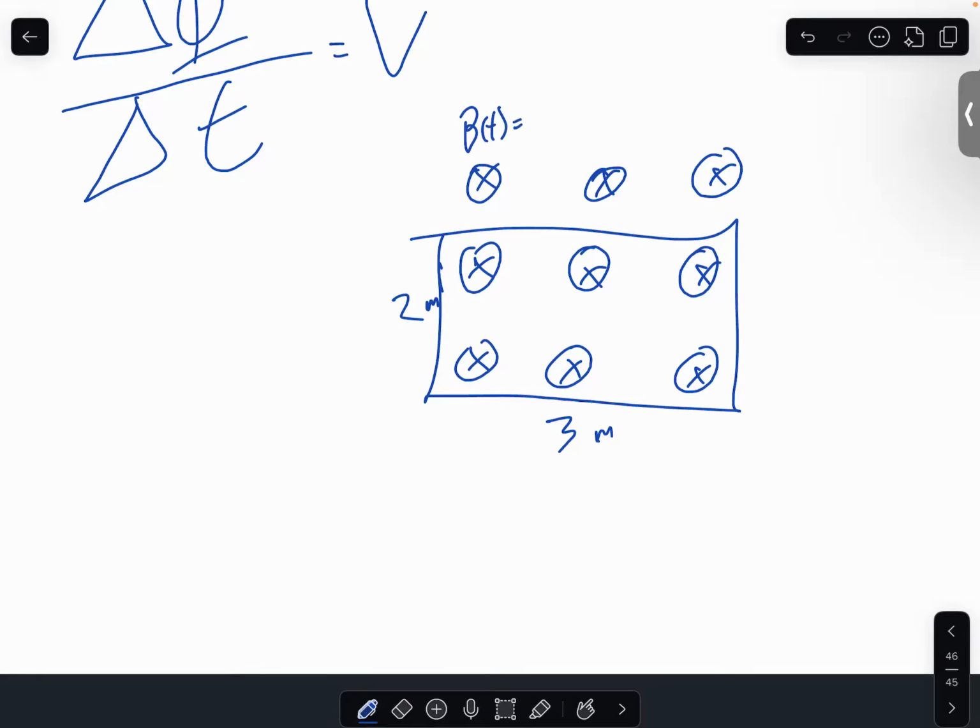We're going to start with 10 Teslas and we're going to ramp down the field. Every second we decrease it by 2 Teslas. I'm going to ask you a couple of questions to reason through this. What is phi at time 0? What is phi at time 5?